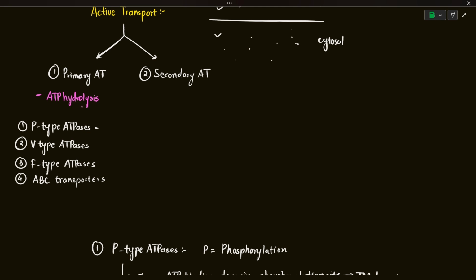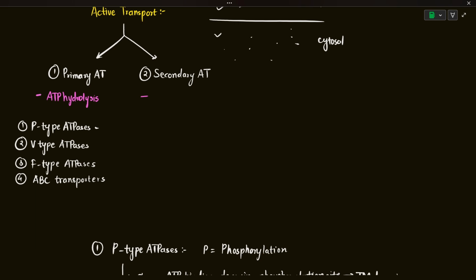After this ion concentration gradient is set, it can be used so that whatever energy is released will be used for transporting another ion, and that is what we call secondary active transport. Unlike primary active transport, where we directly hydrolyze ATP, breaking the phosphate-phosphate bond, and the energy released is used so that molecules move against their concentration gradient.